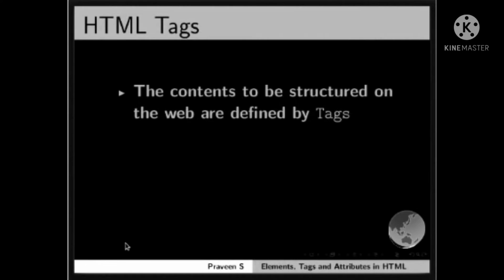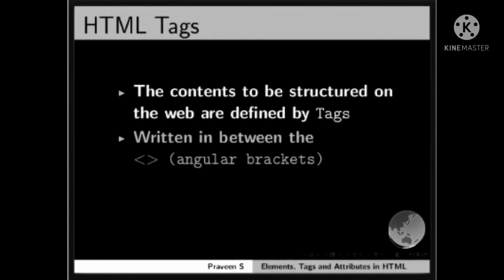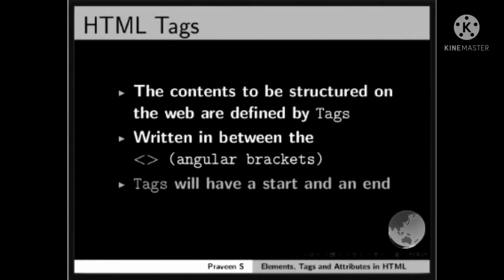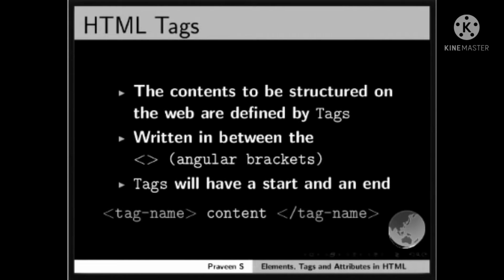The contents to be structured on the web are defined by tags. Tags are written in between angular brackets. Most of the tags will have a start and an end. The syntax of a tag is the tag name within angular brackets, followed by the content, and ending with / tag name within angular brackets.